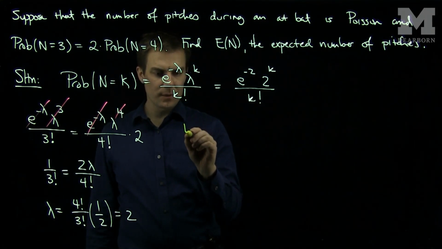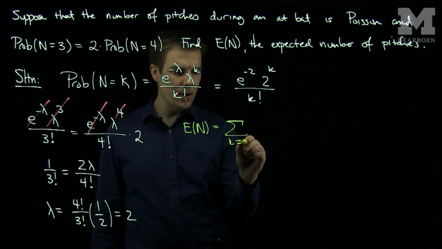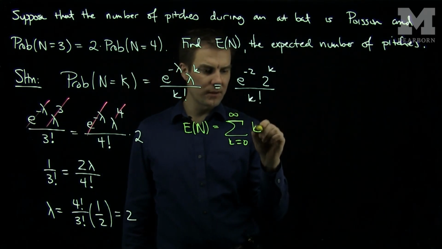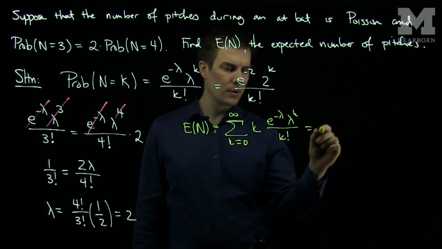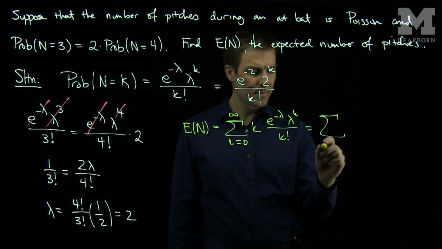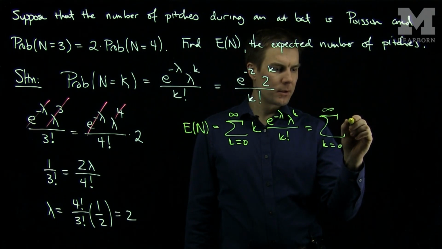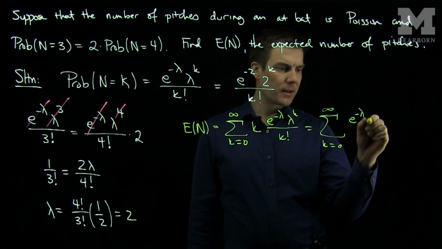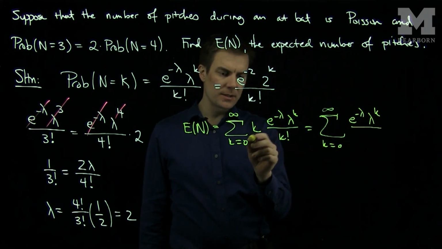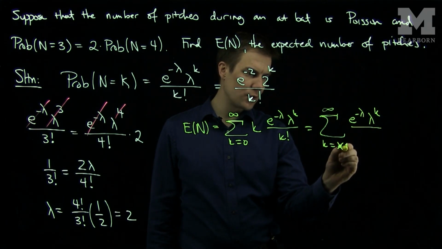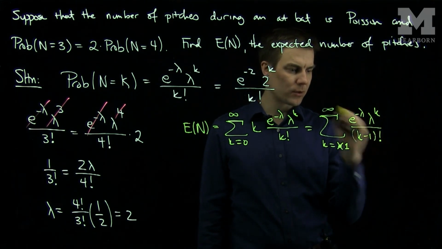If n is Poisson, the expected value of n is going to be the sum, k goes from 0 to infinity, of k e to the negative lambda, lambda to the k over k factorial, which we can write as the sum, k goes from 0 to infinity, of e to the negative lambda, and then lambda to the k, and then the k will start at 0, but there'll be nothing here, so this 0 can turn into a 1. And then I'll have a k minus 1 factorial.